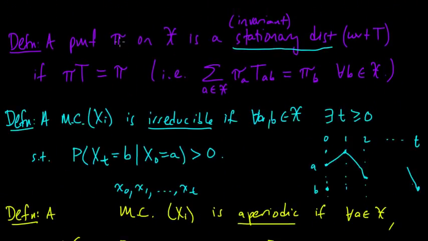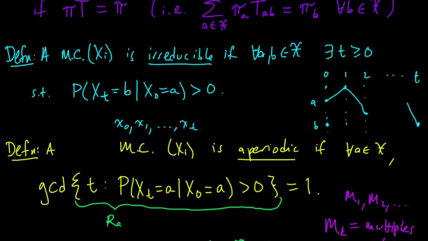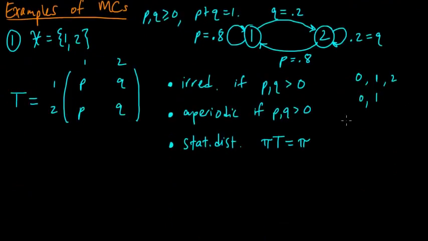A stationary distribution is a PMF pi on this set of states that satisfies this property, pi T equals pi, which is represented by these equations. So we just need to find this vector pi, and it turns out it's pretty easy to check that this equation is solved by the vector (p, q).